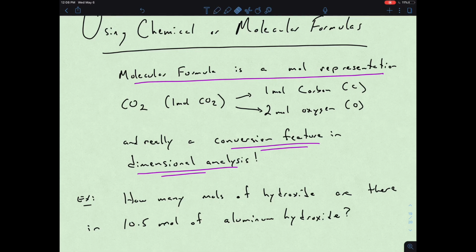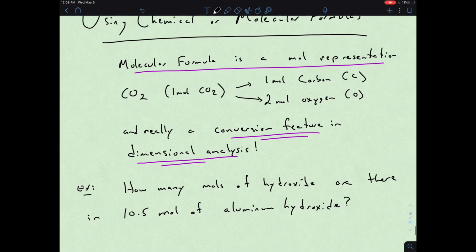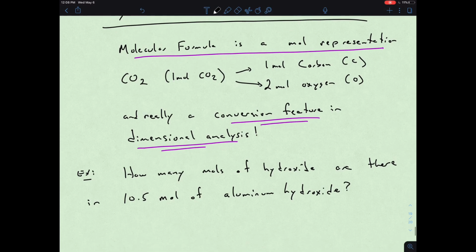So here we've got to know our nomenclature. It's stemming back to the earlier part of this lecture. Hydroxide, what is that? Aluminum hydroxide.